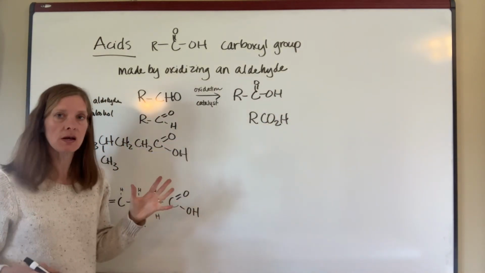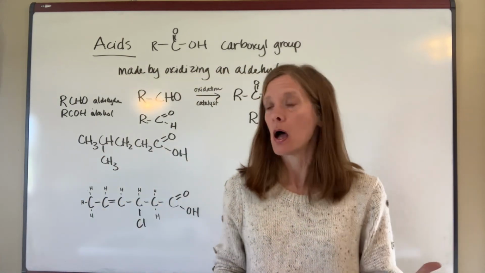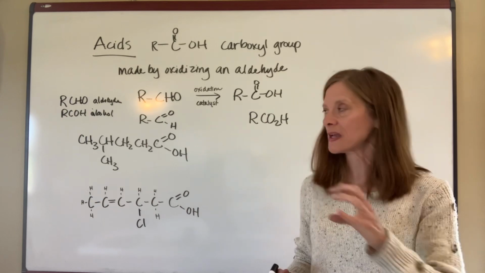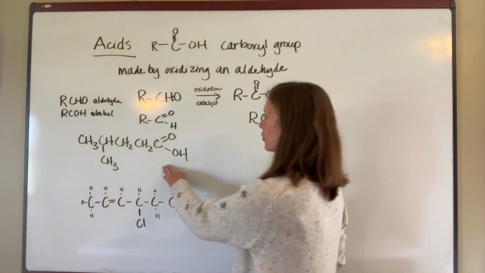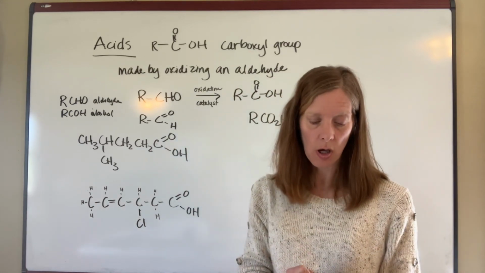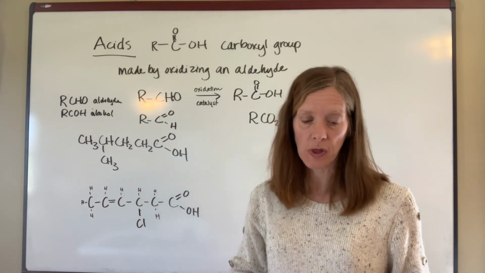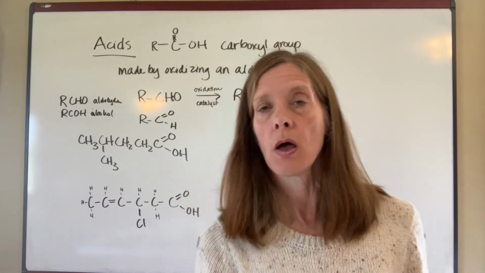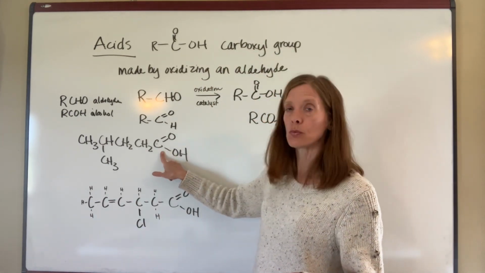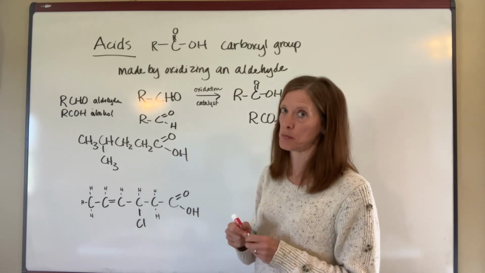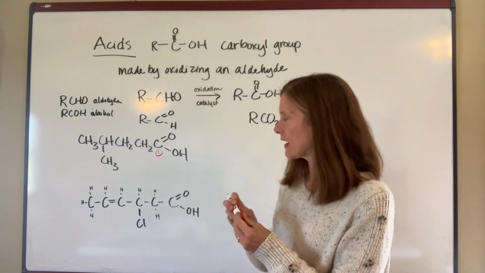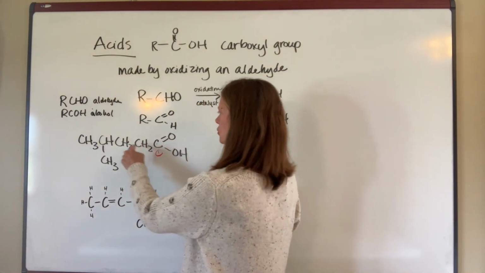When we name it, this is probably one of the easiest ones to name, because I'm just going to name it as some sort of an oic acid. So here, for example, just like with my aldehydes, where I always had to start with a number 1, with an acid group, wherever that acid group is, that's going to be number 1. So this is my number 1 carbon right here, and I'm going to go 1, 2, 3, 4, 5.